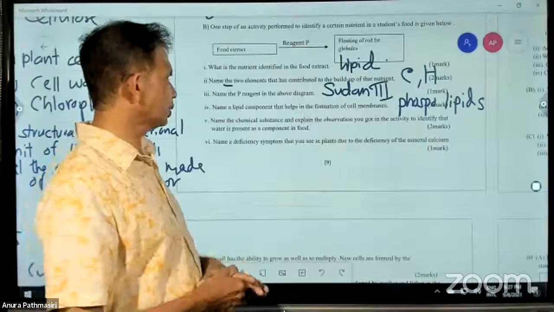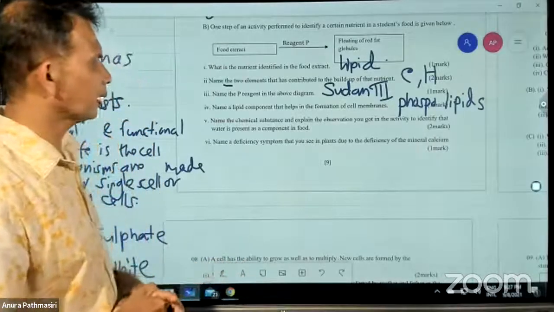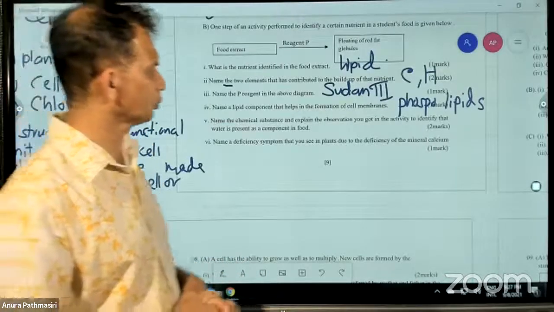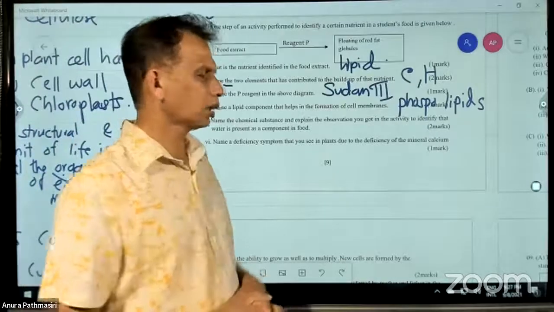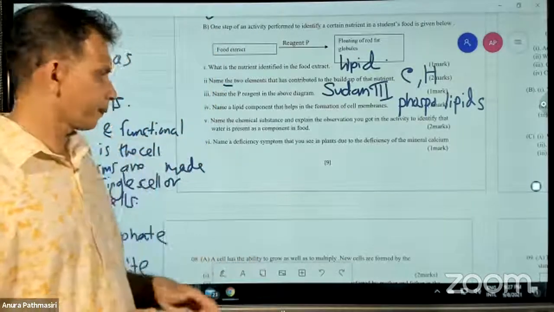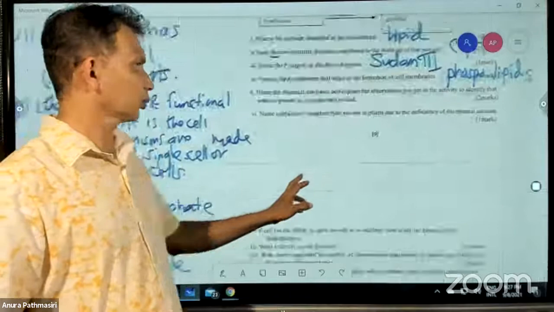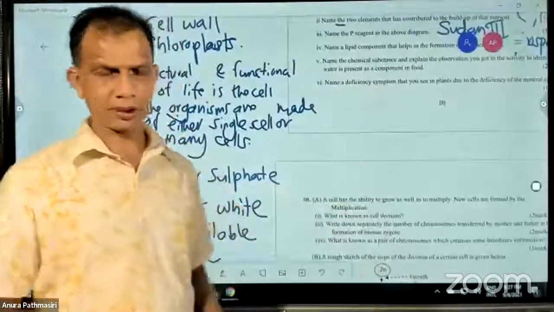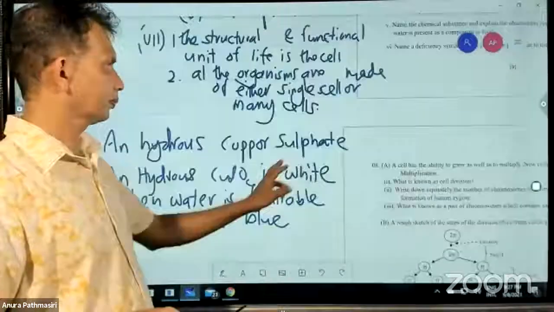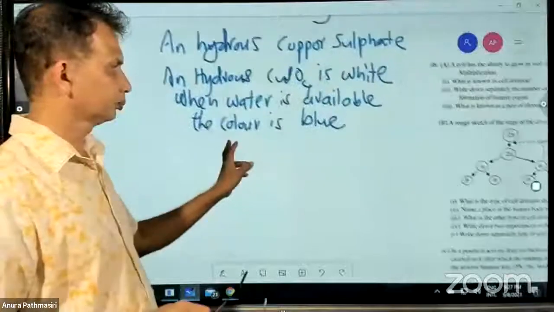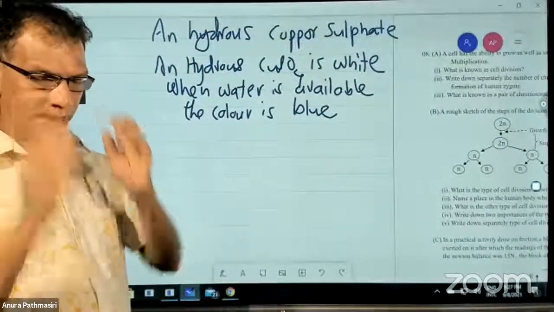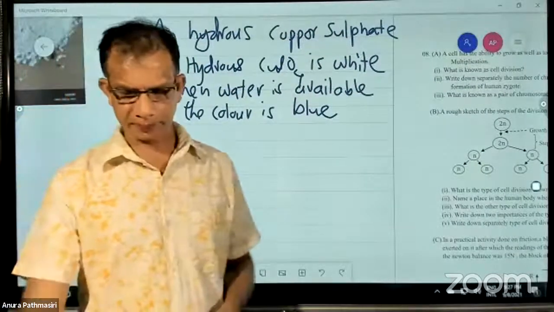Name a deficiency symptom that you see in plants due to the deficiency of mineral calcium. What is the deficiency of calcium?